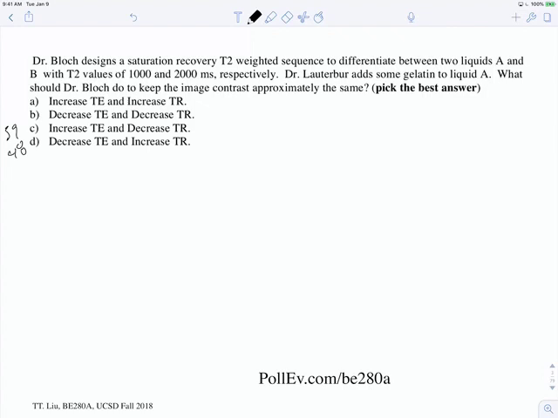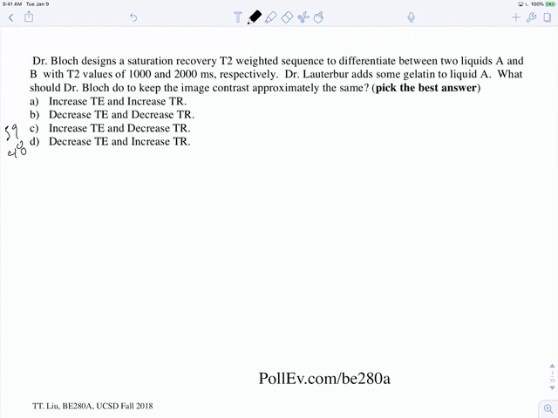So you've got these liquids. They've got T2s of 1,000 and 2,000, right? And you add some gelatin to liquid A, and you want to keep the contrast approximately the same between these two liquids. So what's going to happen to the T2 of liquid A when you add the gelatin? Is it going to get longer or shorter?